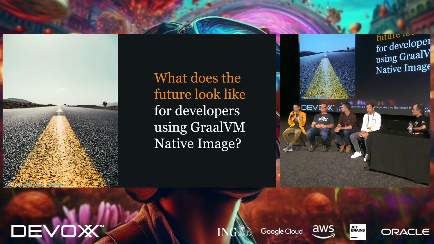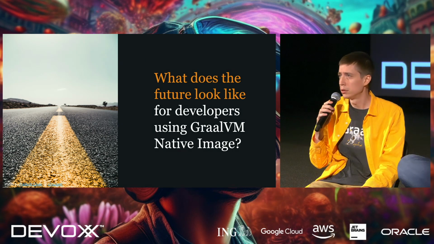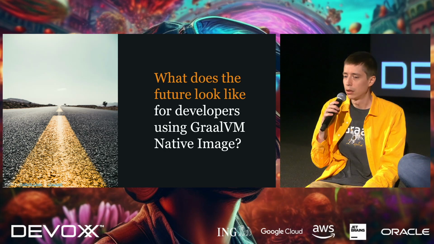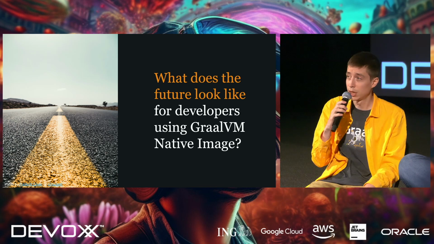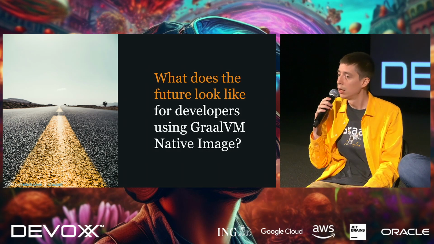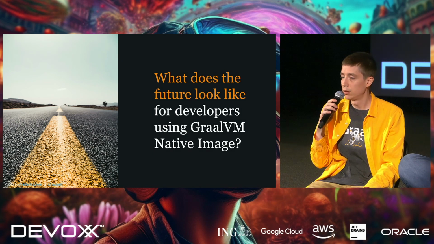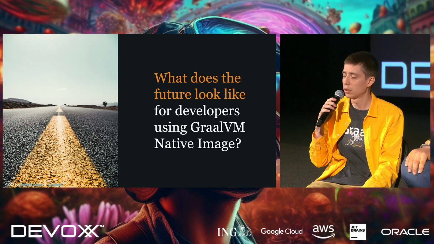The future is also going to look like we are trying to cover more and more use cases that we see in the Java ecosystem to make it simpler and simpler to develop these native images. And we are thankful to a lot of library authors out there. We're working together with framework authors and also library authors, like for example the authors of Netty, who are super helpful to work with to make sure that certain Java libraries support native image very well.